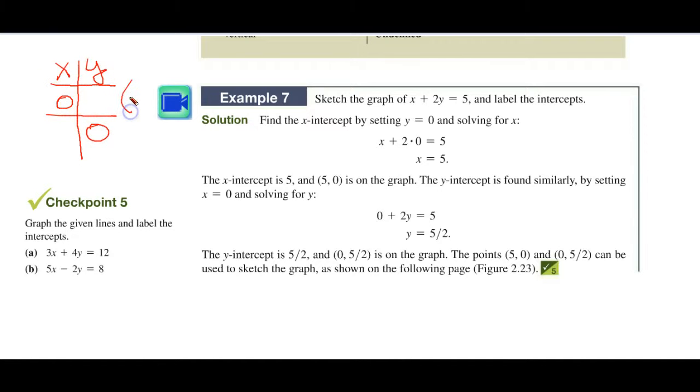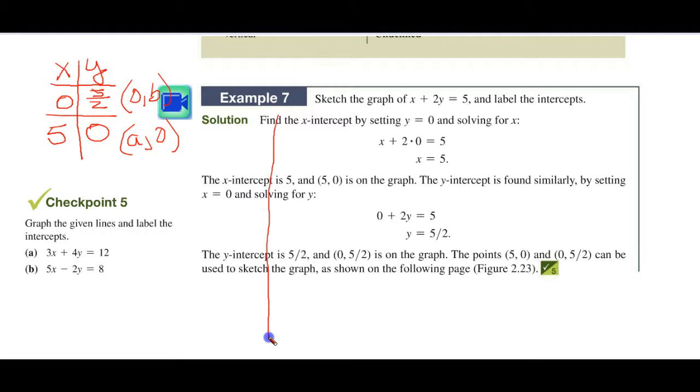This will be your (0, b), your y-intercept, and this will be (a, 0), your x-intercept. So we just take it right from this equation. If x is 0, y is going to be 5/2. If y is 0, x is going to be 5.